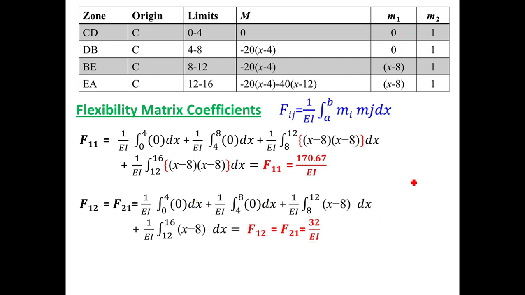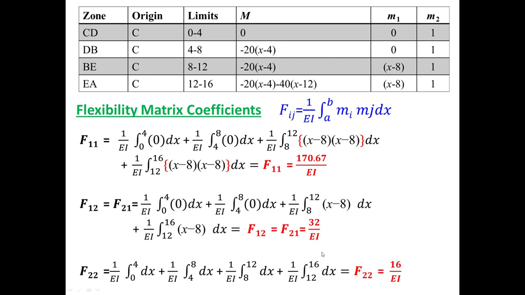The third and last coefficient of the flexibility matrix: the flexibility matrix is of size 2 by 2 because the unknowns are 2. So there will be 3 elements, because the 2 symmetric elements are the same. Now F22 is equal to M2 into M2. So 1 into 1 for the first zone, limits 0 to 4.